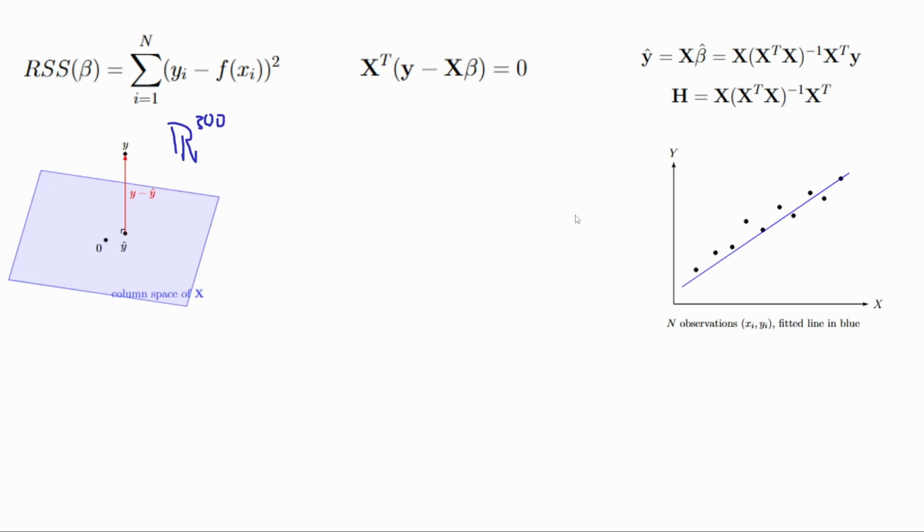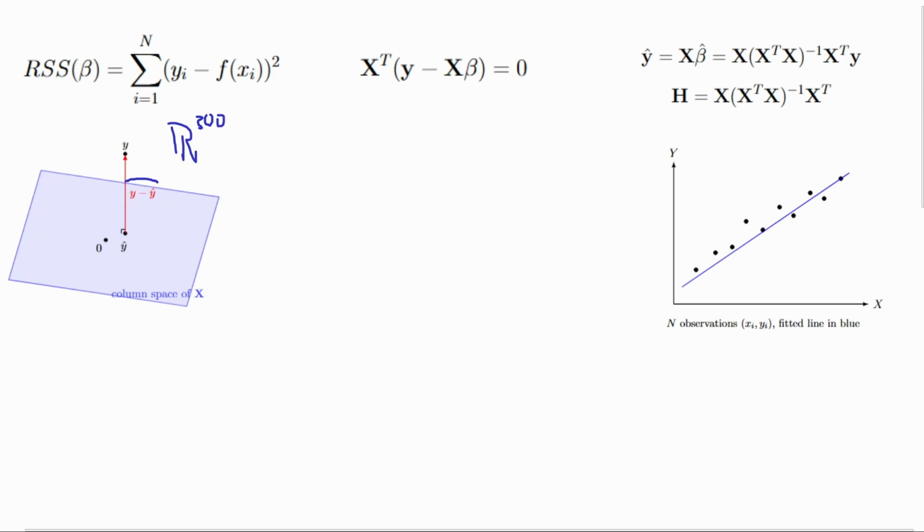So the best our model can do is find a single point on this plane which is closest to the actual value of y. And how do we find that point? All we have to do is project the actual value onto the column space perpendicularly. If it wasn't perpendicular, then this would not be closest to the value of y.